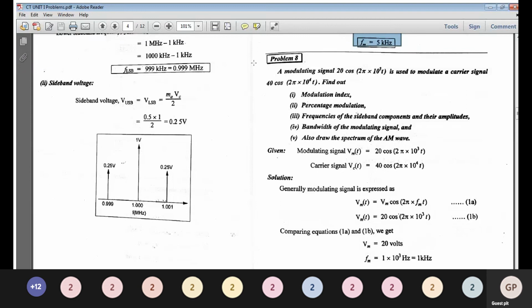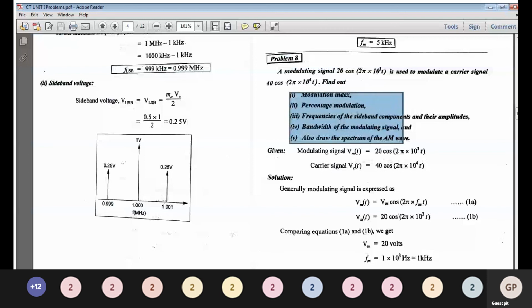Okay, the next one is a modulating signal, 20 cos 2 pi 10 power 3 t. This modulating signal is used to modulate a carrier signal 40 cos 2 pi into 10 power 4 t. Find out 5 parameters.